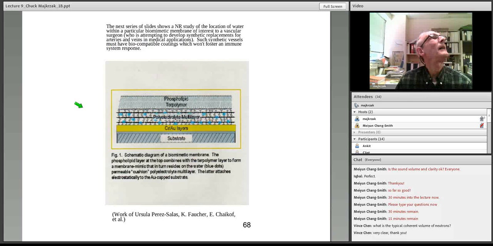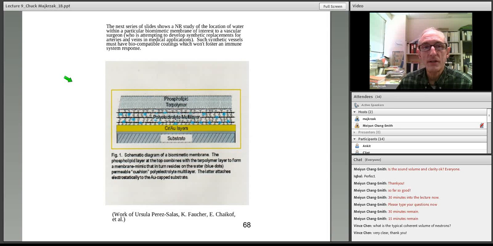So beginning on Friday, I'm going to pick up with an example, an application that is sort of a cross between a biomimetic or biological application and a polymer one. And what it's about is where water goes in this artificial coating that's used, or would be used, in synthetic veins and arteries.